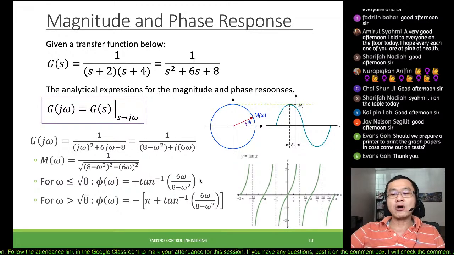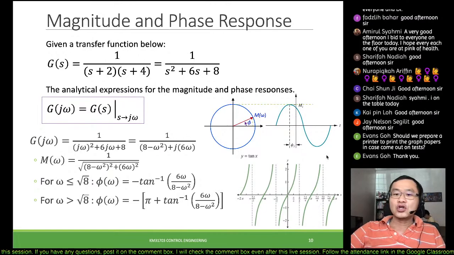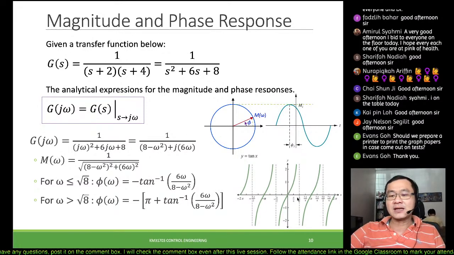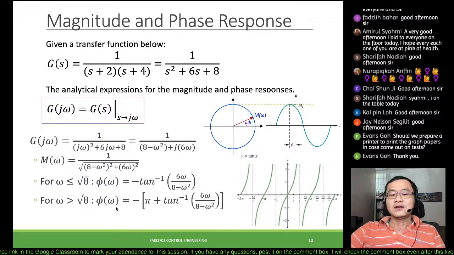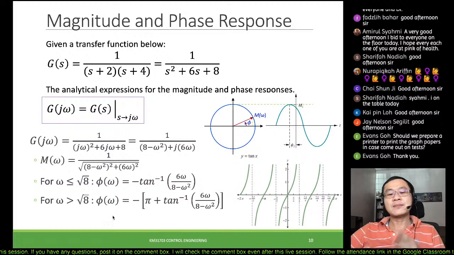So when this occurs, you will get an infinity line. That's why in the tangent function's curve itself, you would see the infinity line over here, and it approaches the infinity line when this occurs, and after that it will start again. When it gets more than that, it will start again from negative, going up again. So it will become a cycle.